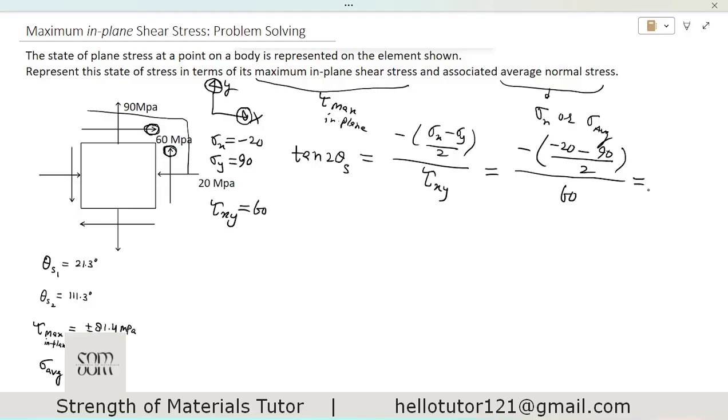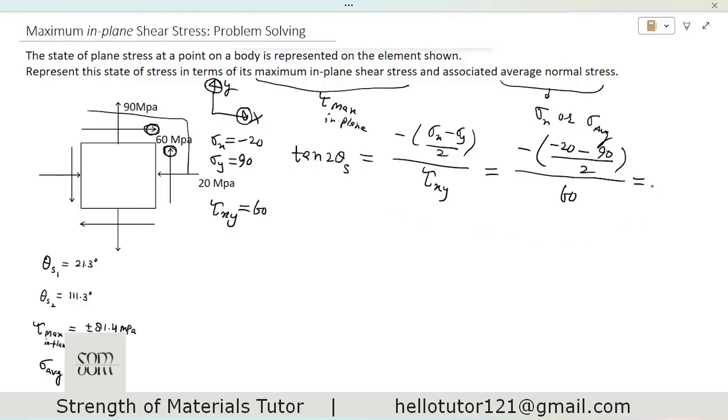Tan 2 theta s, I will denote theta with x, is equal to negative of (sigma x minus sigma y) by 2, that is minus 20 minus 90, divided by 2, whole divided by 60. So we got two values of theta s.